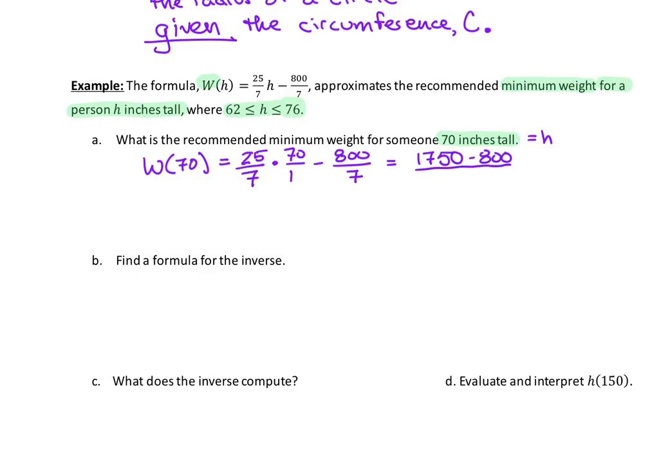If we subtract 800, we get 950. And if we divide that by 7, I get approximately 136 pounds. That is rounding up.